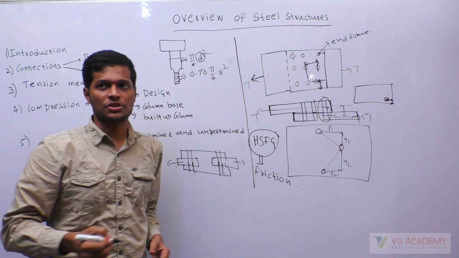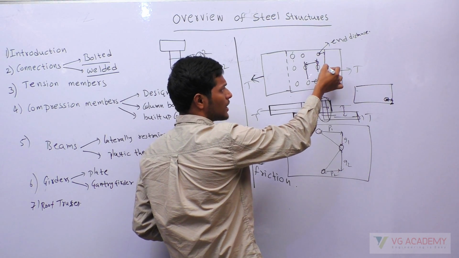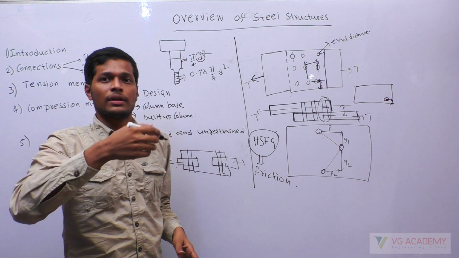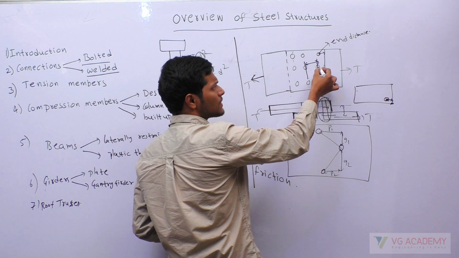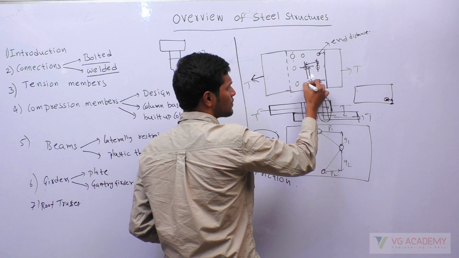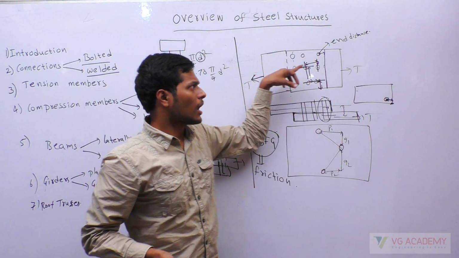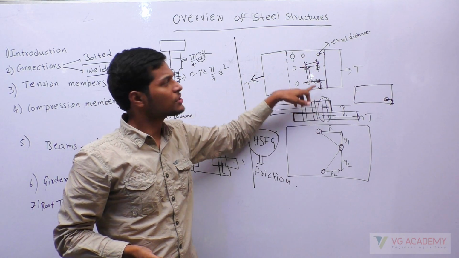Apart from that, this is called pitch. I told you in the end it is called end distance. In the middle, whatever the distance we have, this is called pitch, and this is called gauge. Okay, so along the load is called pitch, perpendicular to the load is called gauge.